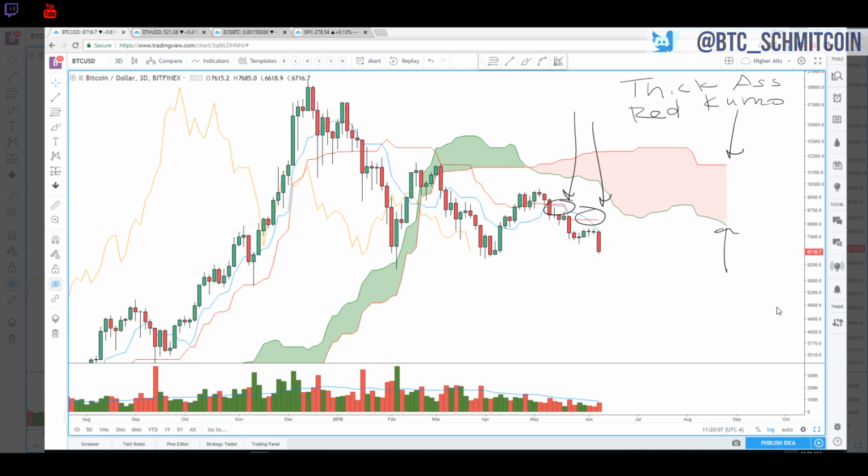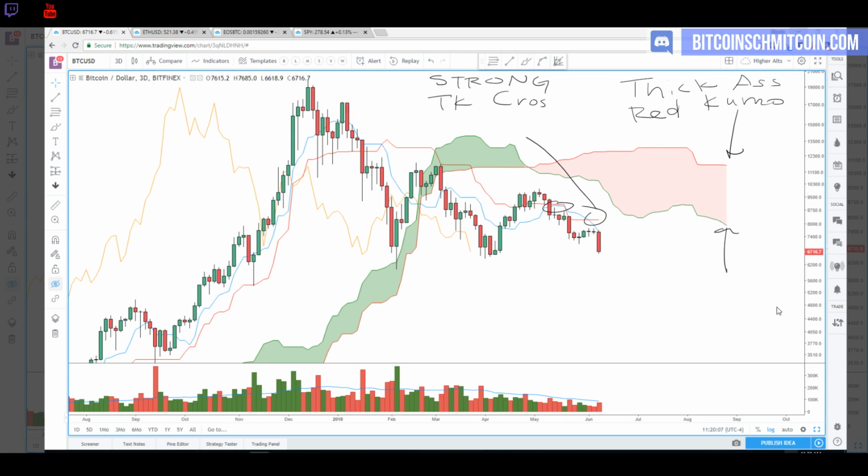We see a cross, recross, thus making, let's make the note over here, a strong TK cross. And with the recross, this is set up for a continuation.